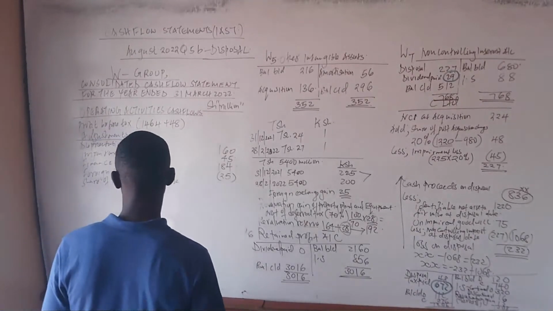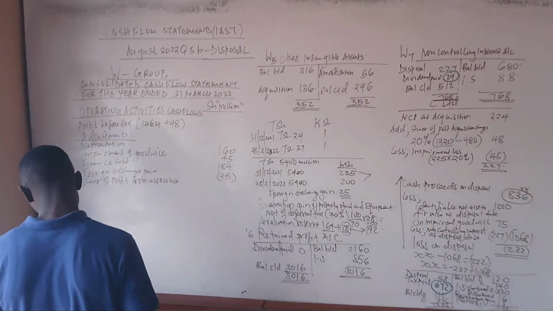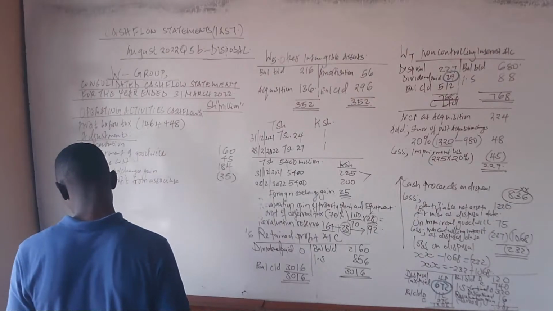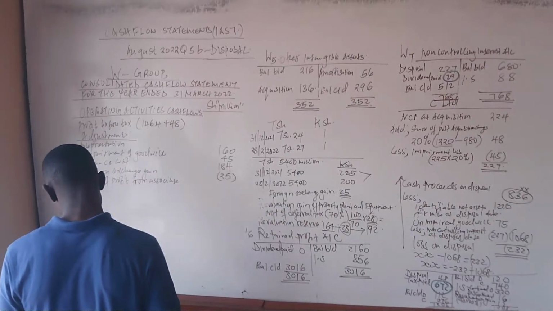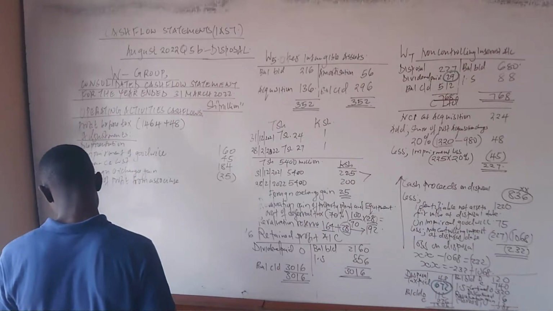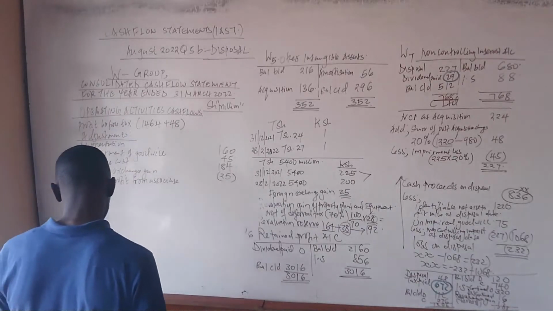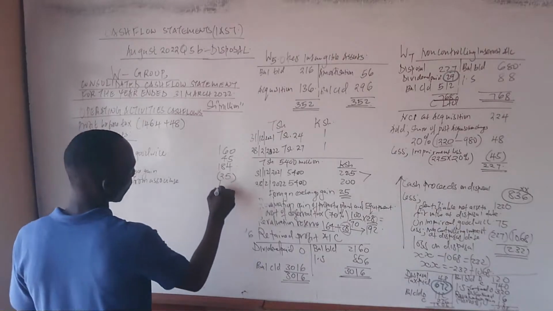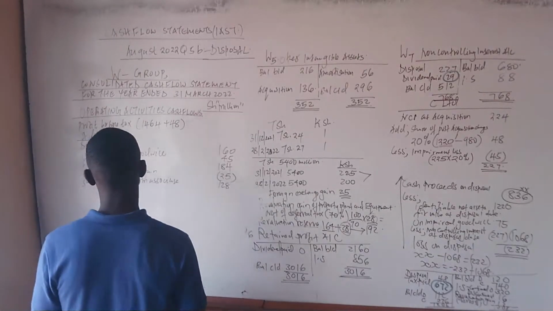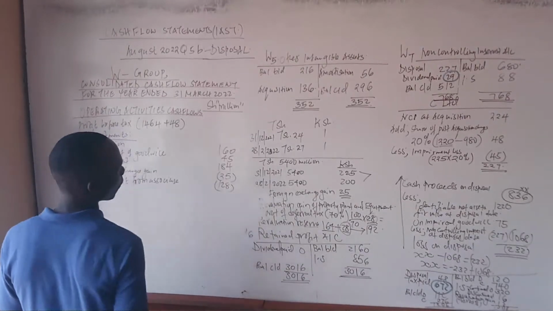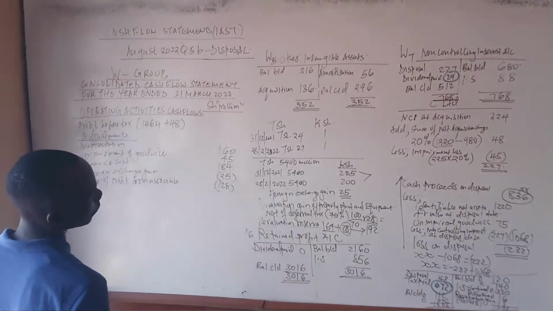Give me the share of profit from associate. How much was it? We had an amount of 128.